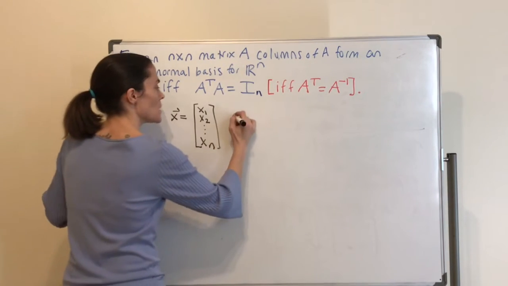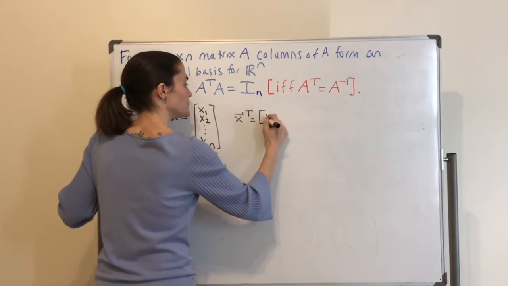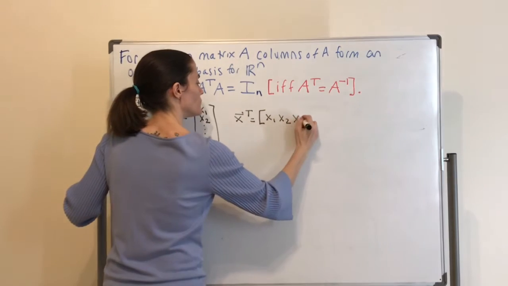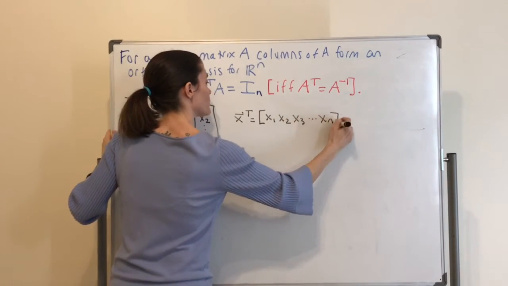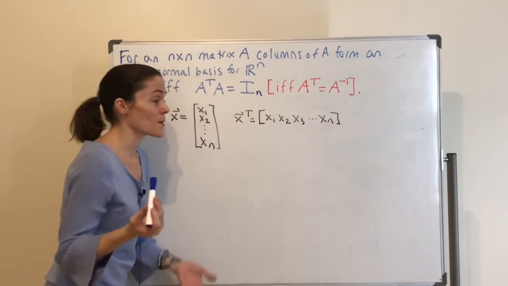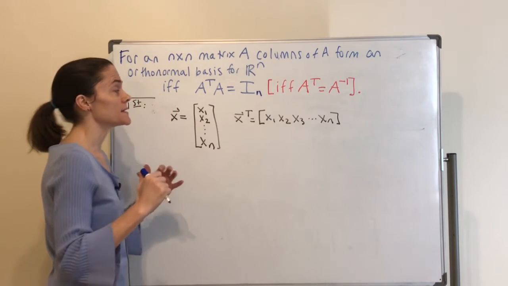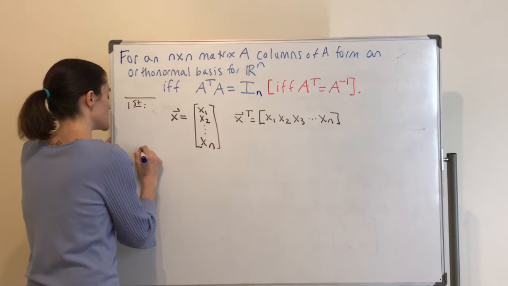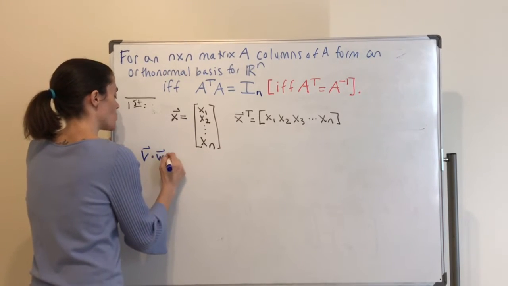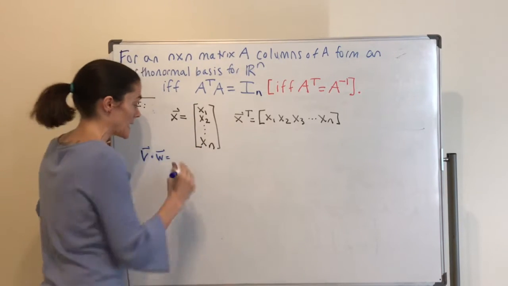Then the transpose is a row, right? Okay, so if we go back to almost the first week of class, how do we define the dot product? If I want to take V dot W, the way that I wrote that at the beginning was like this.